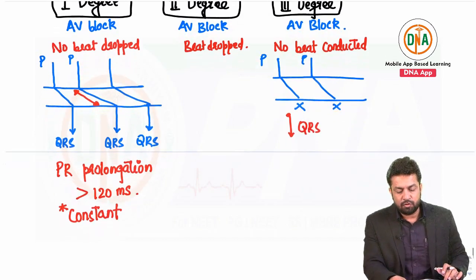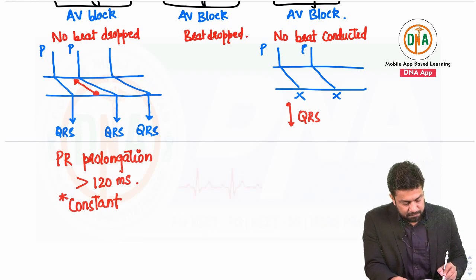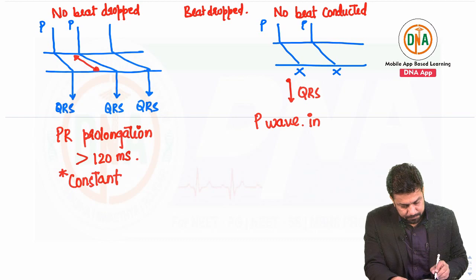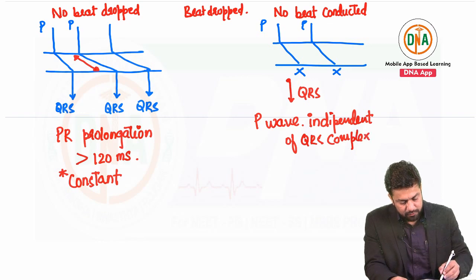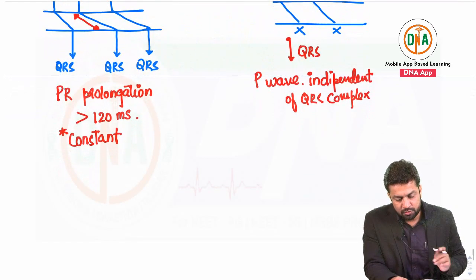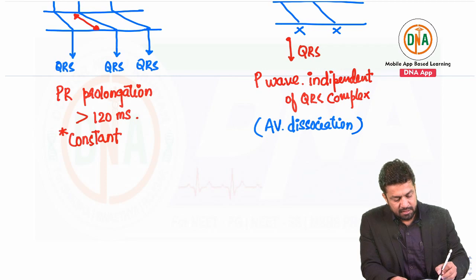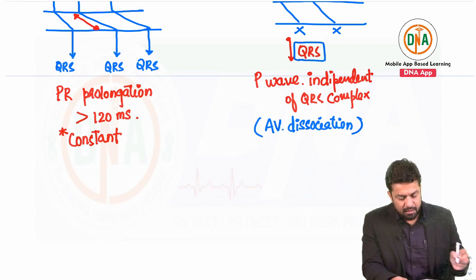So what we say is that there is a P wave that is independent of the QRS complex, and this is what is called AV dissociation.